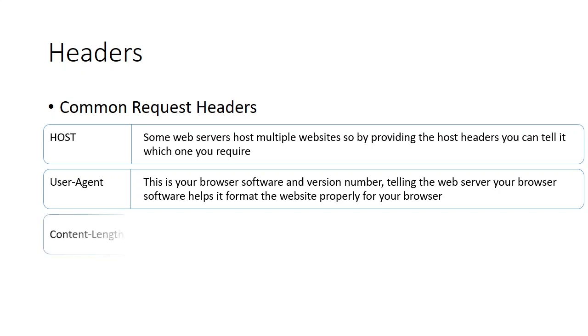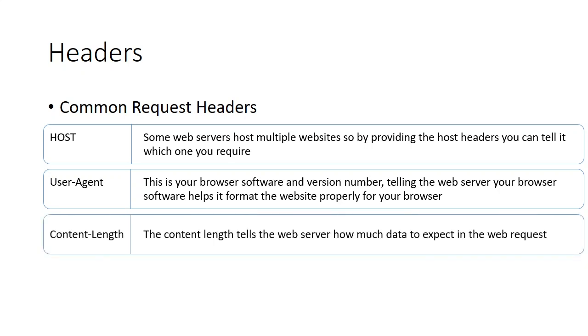Then we have the content length. When sending data to a web server, such as in a form, the content length tells the web server how much data to expect in the web request. This way, the server can ensure it isn't missing any data.